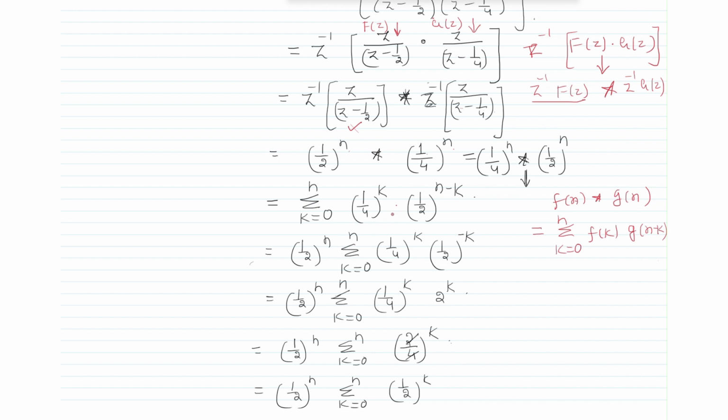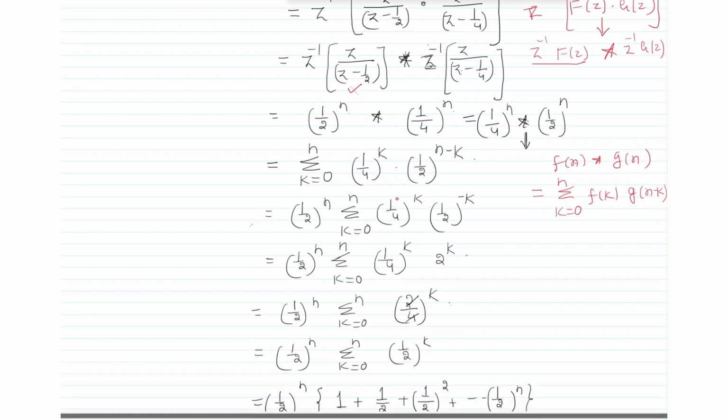Now in this question we can take half to the power n outside, because the summation is varying over k, and just take the summation for the kth term.